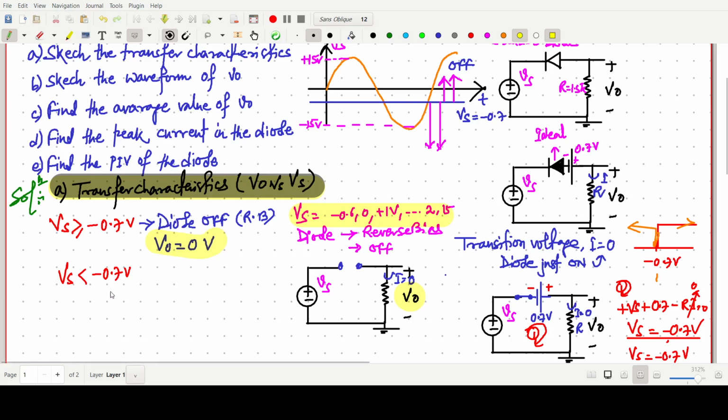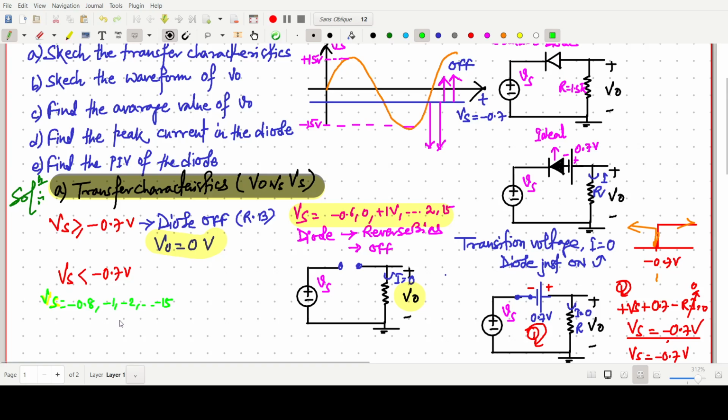So next, what can we do for Vs less than minus 0.7 volt? Again think: Vs less than minus 0.7 means our Vs value may be like minus 0.8, or minus 1, minus 2, up to minus 15 we can go.